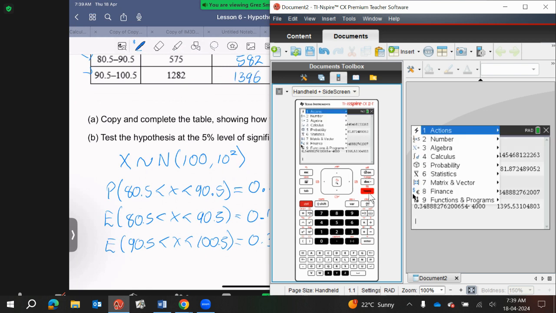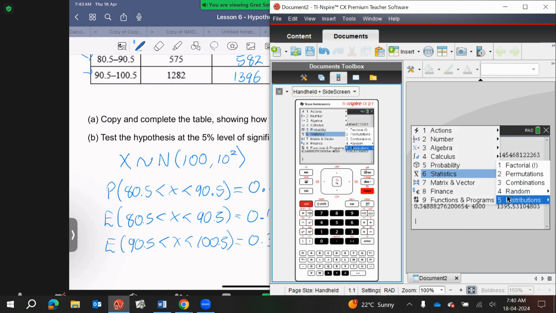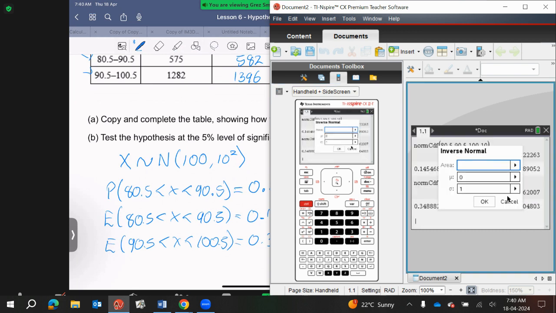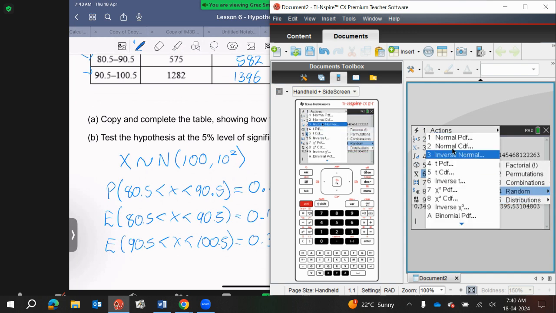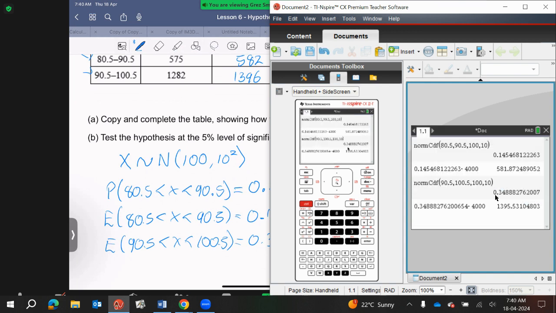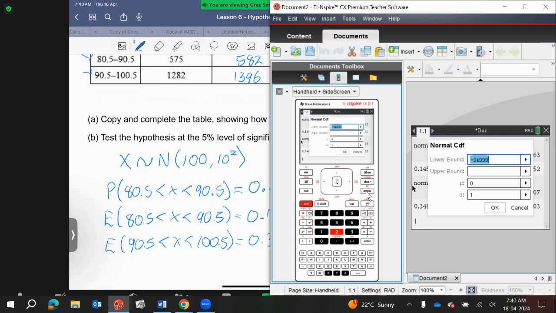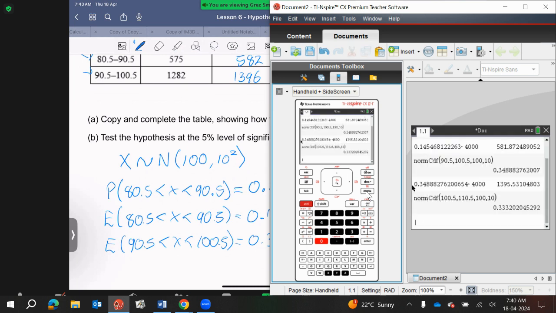Lastly, do the last one. Menu, probability, distributions, normal CDF, and we need 100.5 to 110.5 with mean 100 and standard deviation 10, times that by 4,000.